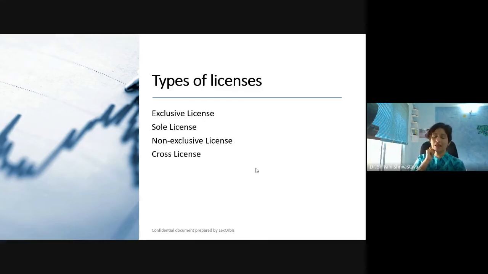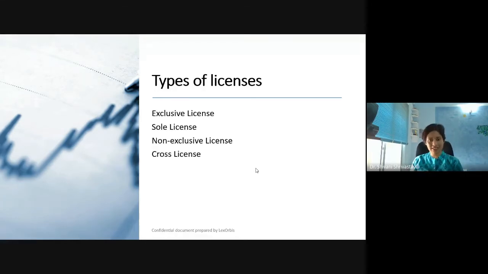Then the other form is cross license. So cross license, in simple language, is give and take. For example, there are 2 parties. Both parties are having a technology, we can say a protected technology, covered under IPR. Like both the companies are having patents and they have rights to stop others or take action against the other person who is using their technology.